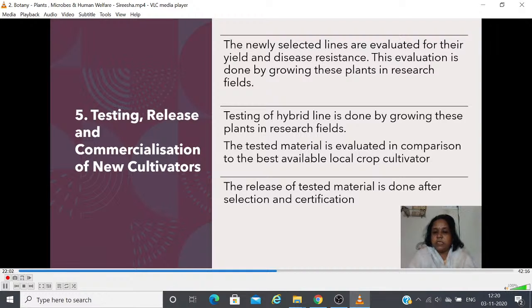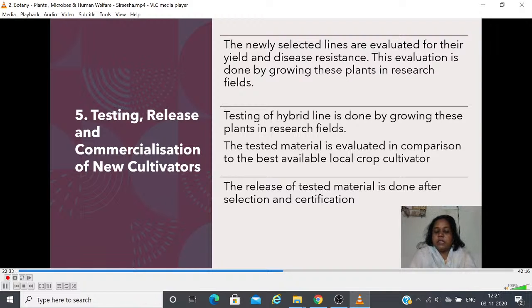The tested material is evaluated in comparison to the best available local crop cultivar. So these plants are compared, the earlier variety against the present advanced variety. They will see the comparisons, and they will also test whether the grain this plant produces has any side effects, and do research like that.